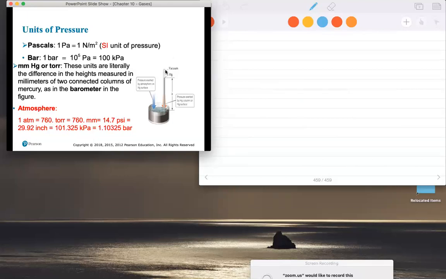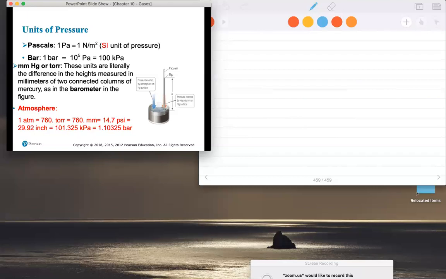There was no space, no vacuum inside. The liquid mercury dropped to a certain height from the surface of the mercury in the container to where the meniscus was. You see this height right here?